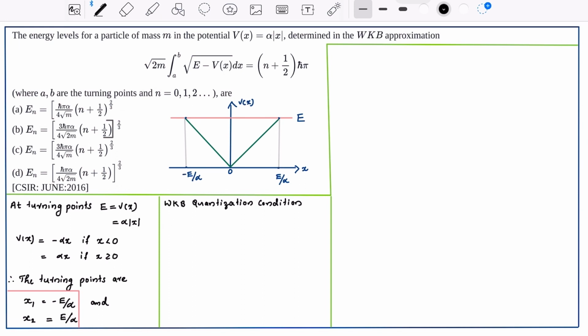If x1 and x2 are the turning points, then integral x1 to x2 of p dx, where p is the linear momentum, is equal to pi h bar into n plus half. This is the WKB quantization condition, where n is equal to 0, 1, 2, 3, etc.